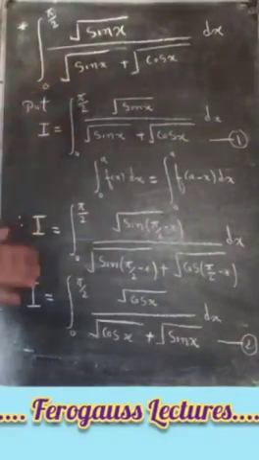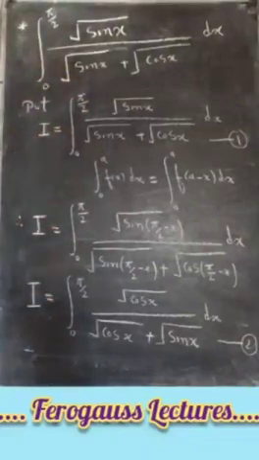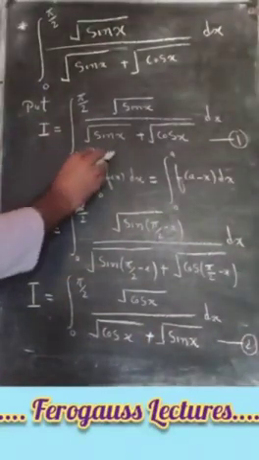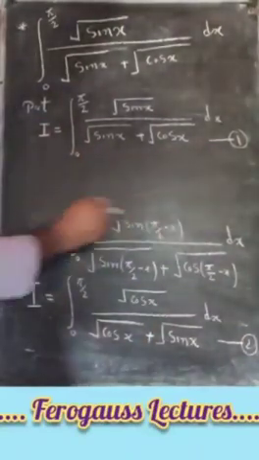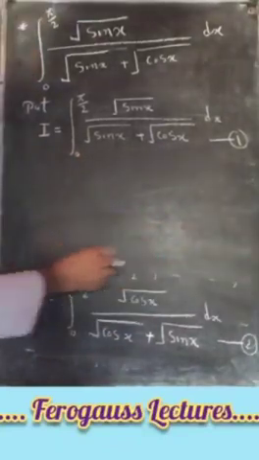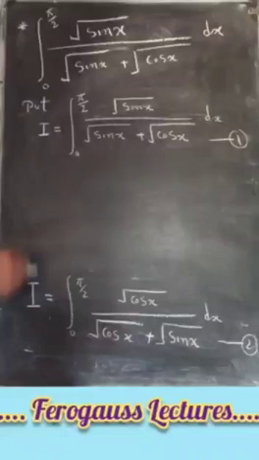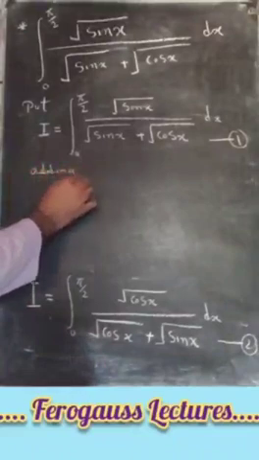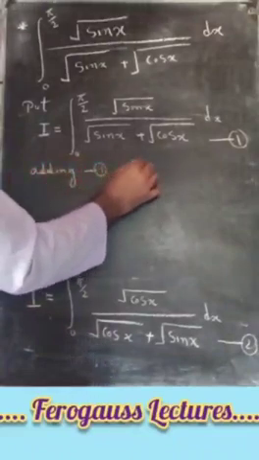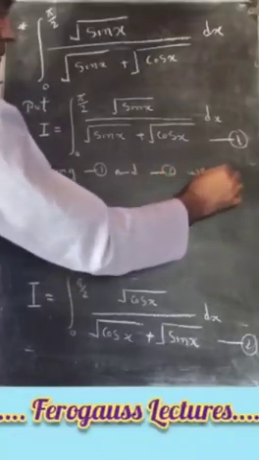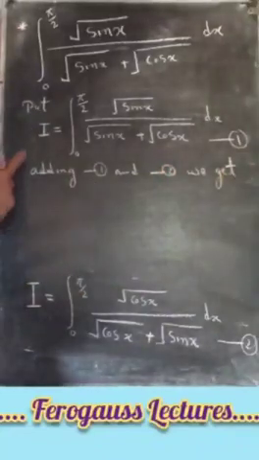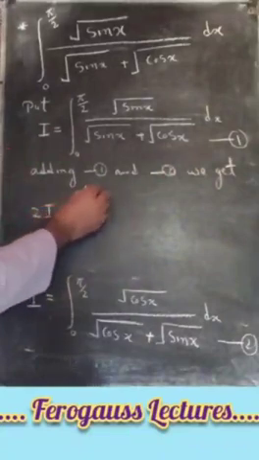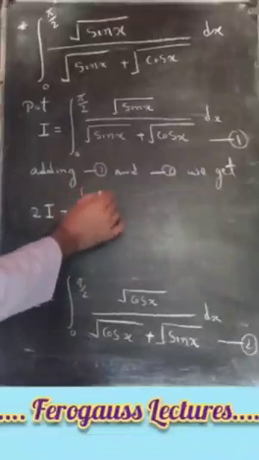Now adding equation first and equation second, we get I plus I is equal to 2I equal to integral 0 to pi by 2.